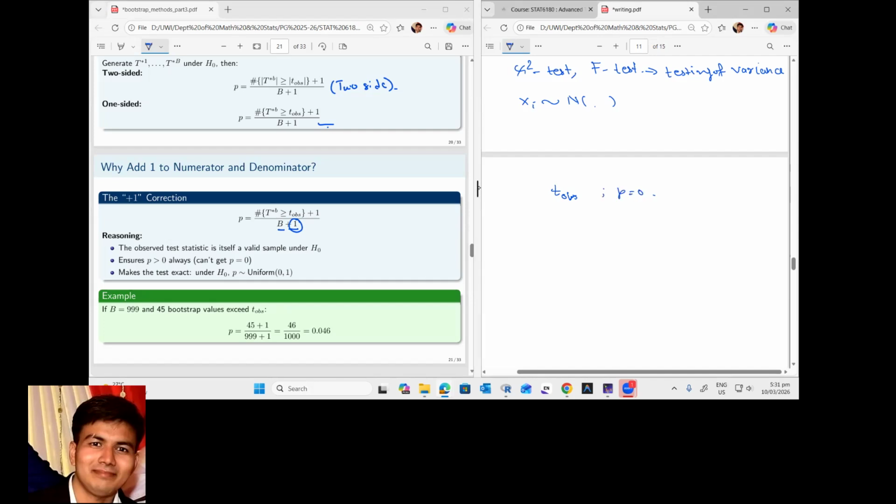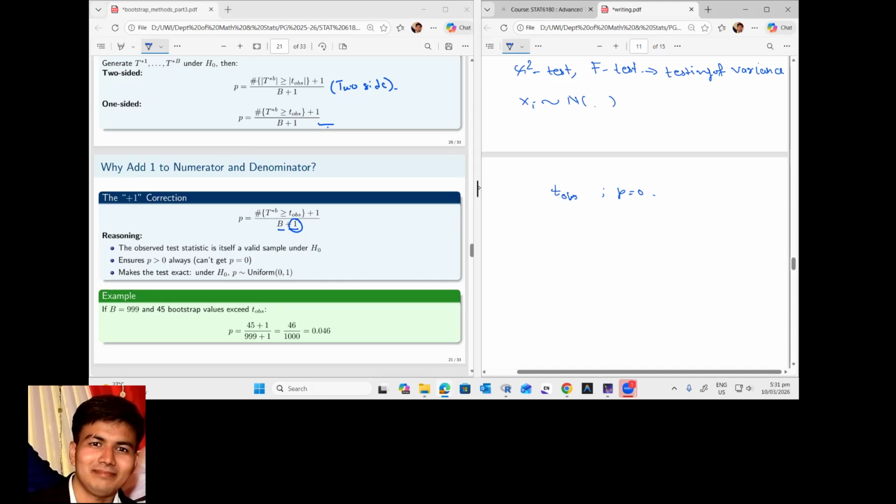At that time, that will imply the observed result is impossible under the H naught. This is overly confident and statistically incorrect, because there is always some positive probability, however small it is. It doesn't matter, but some probability will be there.